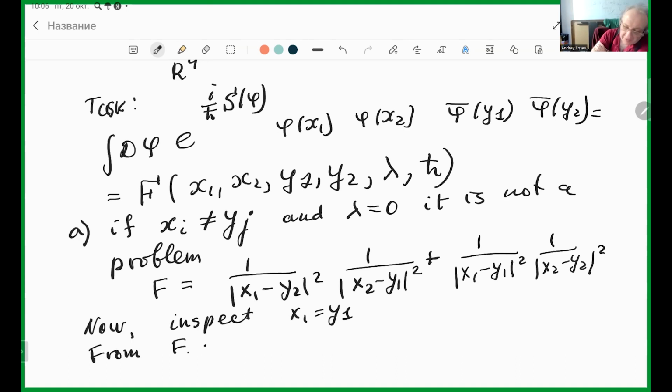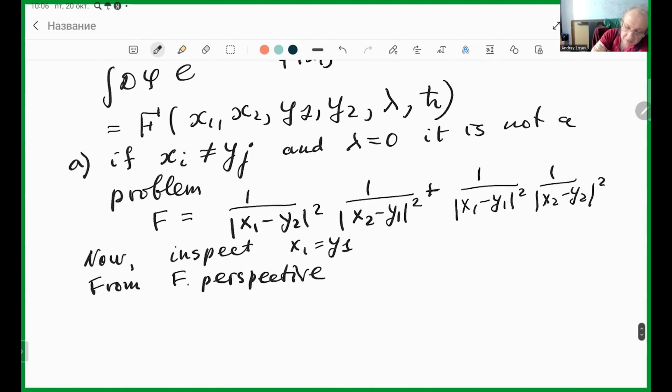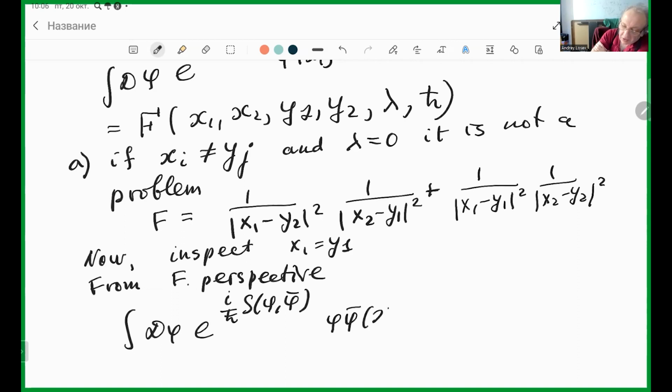From the Feynman perspective, there is nothing wrong in it.